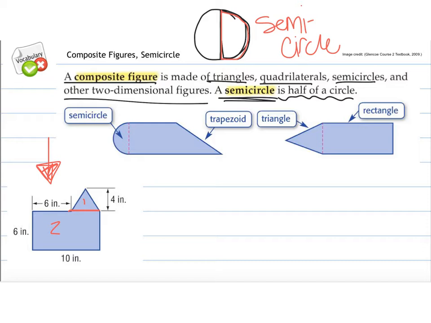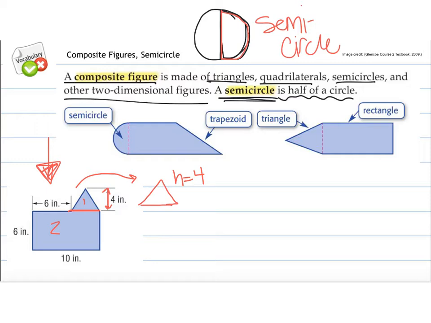What I like to do is draw the shape of whichever one I'm finding the area of, kind of similar to how it looks. This triangle, we're going to find that first. I know the height of the triangle is 4, so I'm going to do h equals 4.